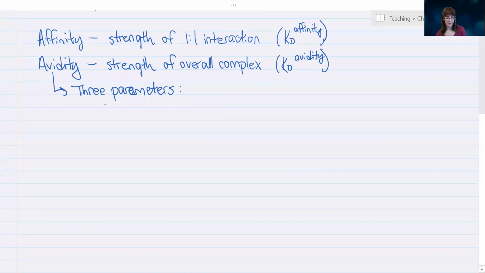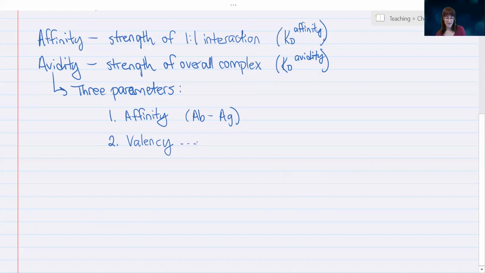All right, and you may be thinking, well, okay, the first one must be the affinity of each individual interaction. So that makes sense. Here we're talking about the antibody-antigen interaction, and that would be defined by that single KD.